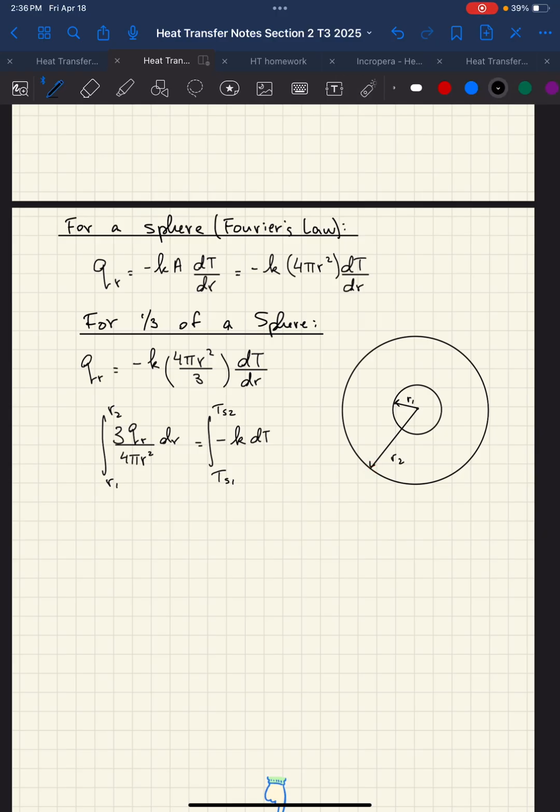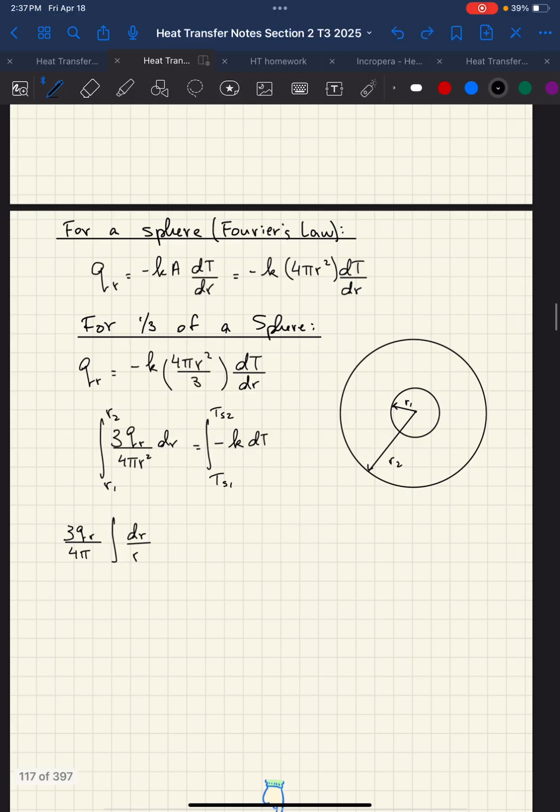So on the left-hand side, let's take out the constants. We'll do the easy part, 3q over 4 pi. And then we're going to integrate the dr over r squared between the limits r1 and r2. Here the k, which we assume to be constant, comes out, and this integral is just going to be TS2 minus TS1.